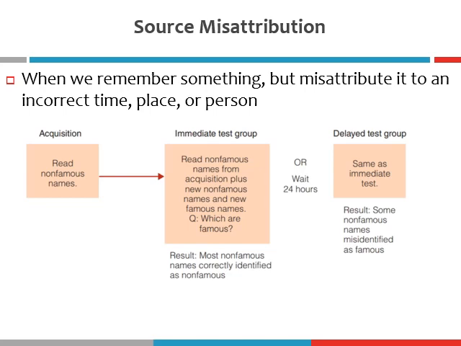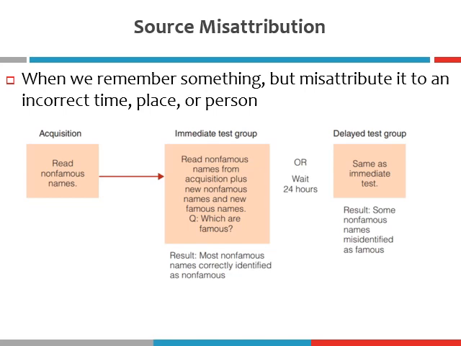All of these names are names of non-famous people, okay? And then in the immediate test group, they're given a list comprised of some of the non-famous names that they just read, as well as new non-famous names that they haven't read, and some actual famous names, right?